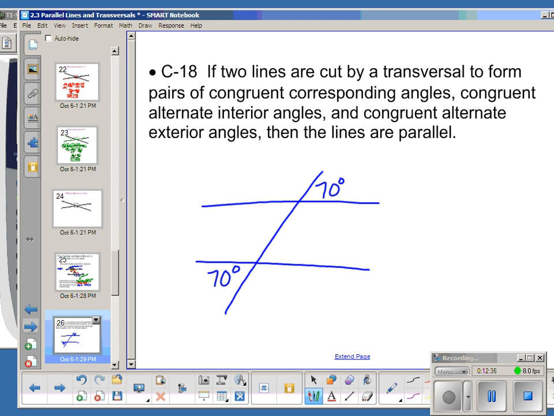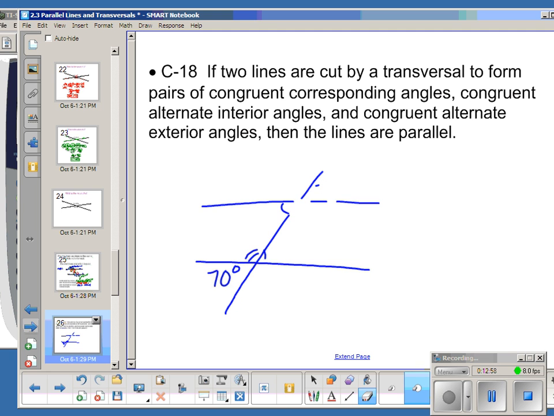It says if two lines cut by a transversal form pairs of congruent corresponding angles, congruent alternate interior angles, and congruent alternate exterior angles, then the lines are parallel.